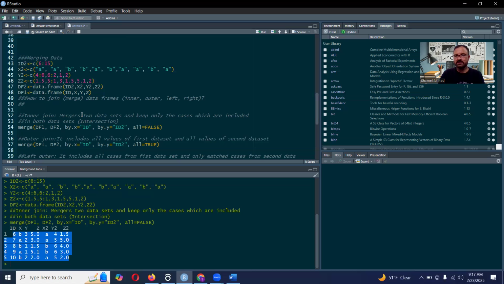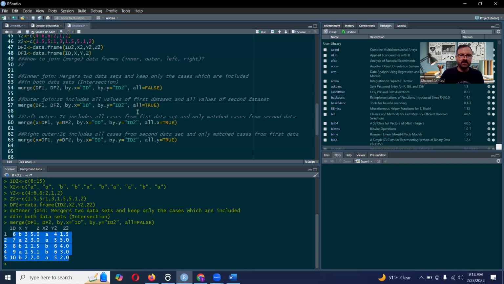The values of the observations corresponding to the variables in data set 1 will be present in data 1, and it will be empty for data 2 if they do not exist in data 2. So let's see.